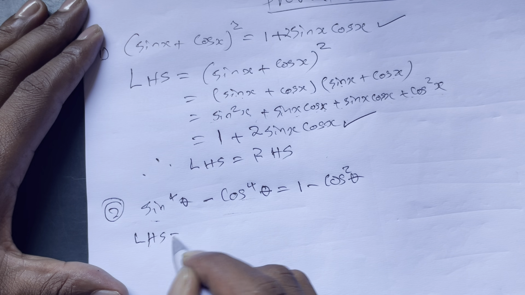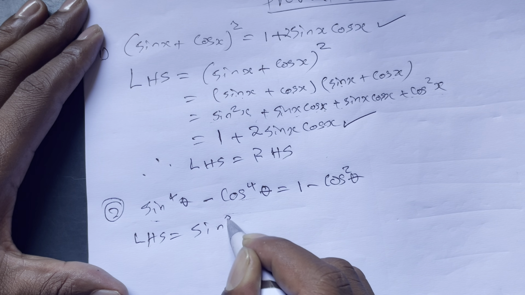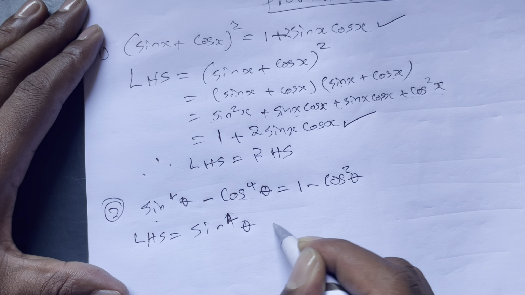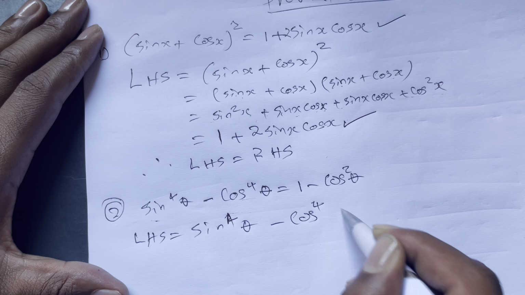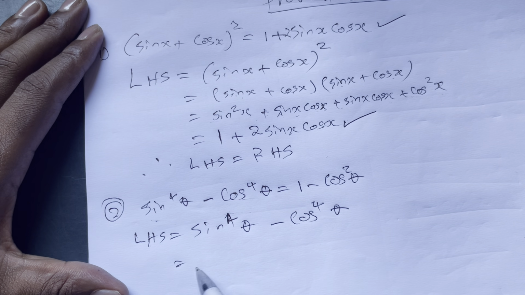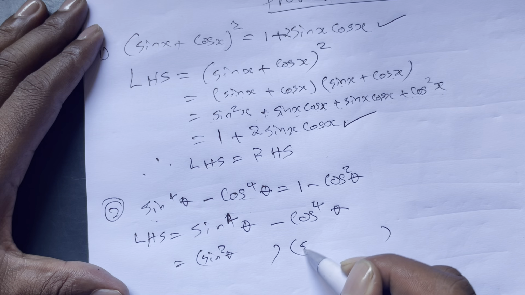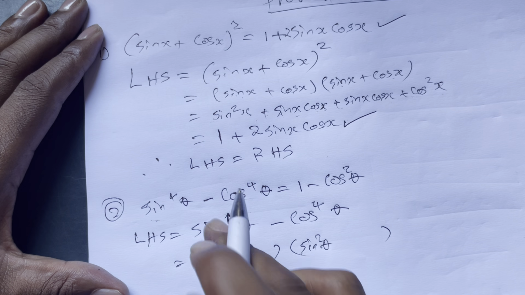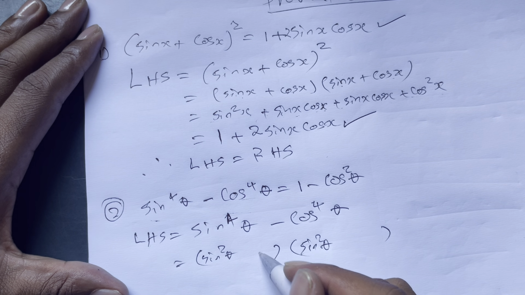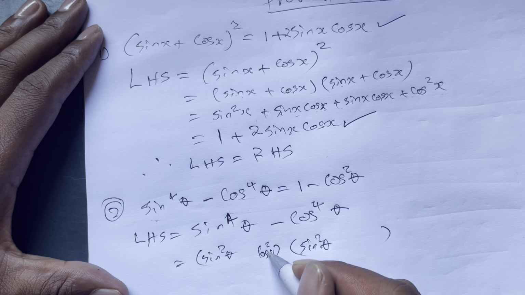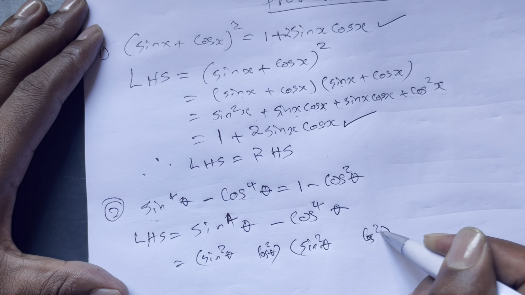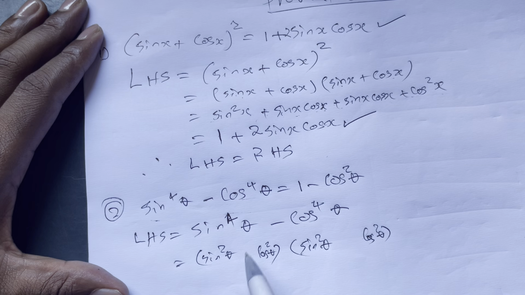Left hand side equals, okay, so then what you're gonna do, you do this brackets: sine squared theta times sine squared theta will give me that, and then also cos squared theta will give me that. So the signs have to be different. Okay, that's it.